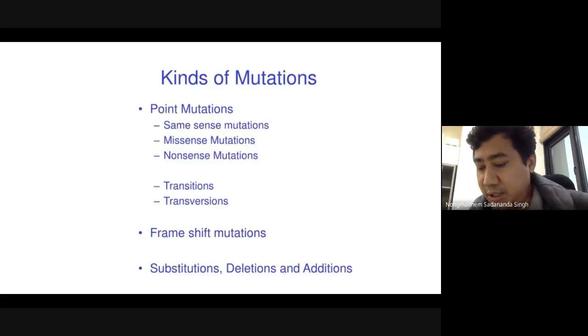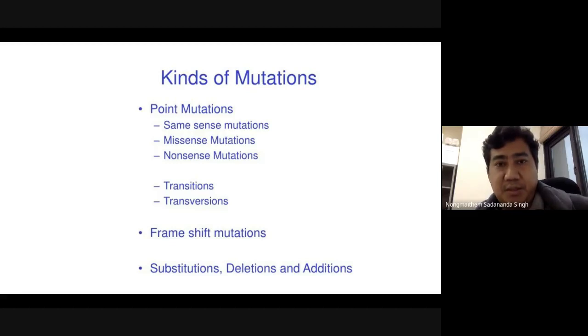What different types of mutations can we think about? One is point mutations, where there is a change in a single nucleotide.